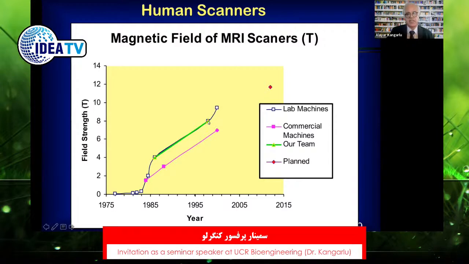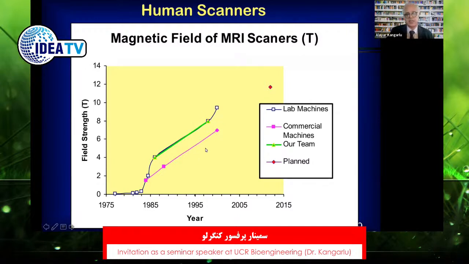And then when 8 Tesla feasibility was demonstrated by our group at Ohio State, which we published, I think, in something like 10 papers in the December 1999 issue of JCAT, we addressed this issue of safety and feasibility and engineering and RF coil and SAR and so on.